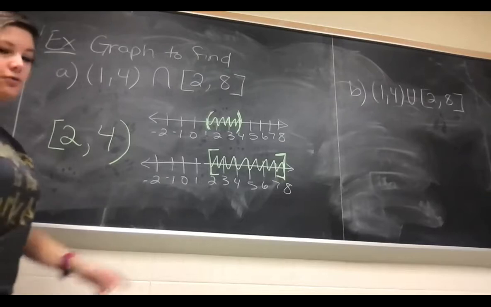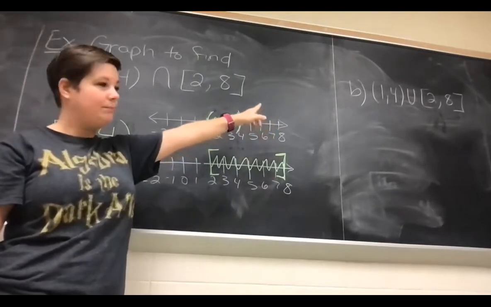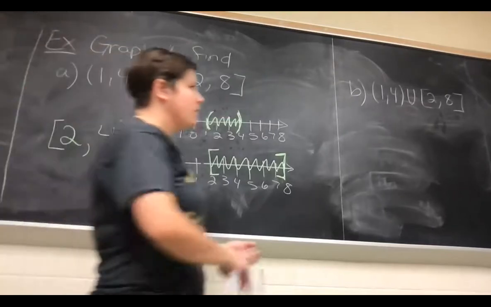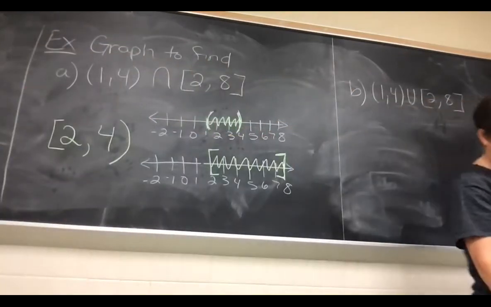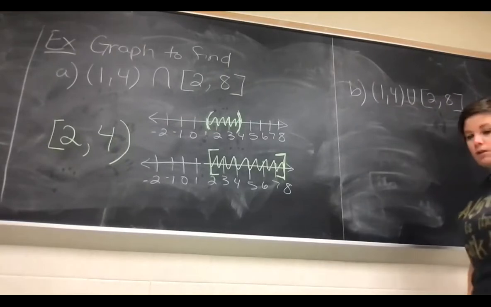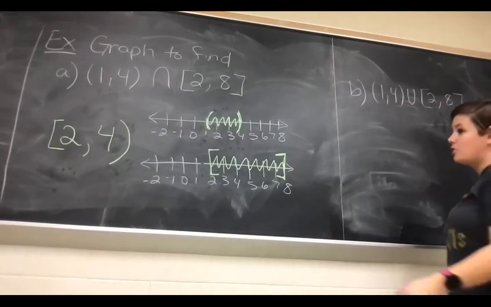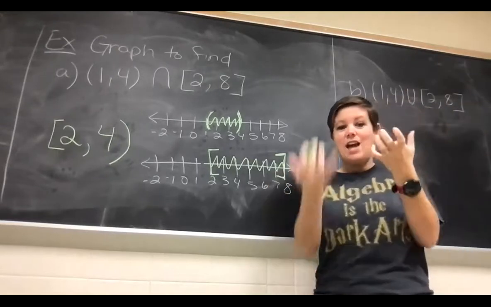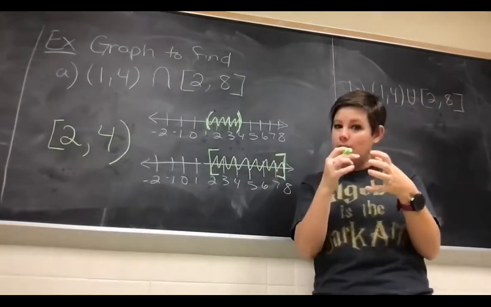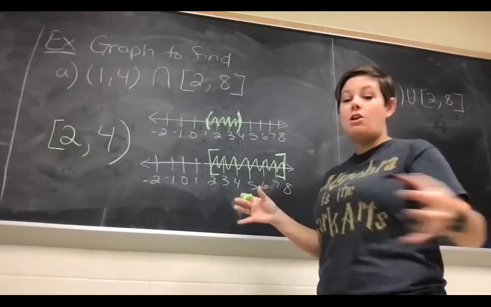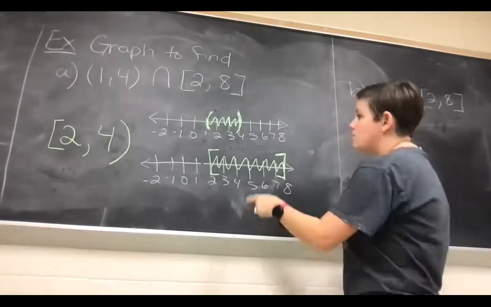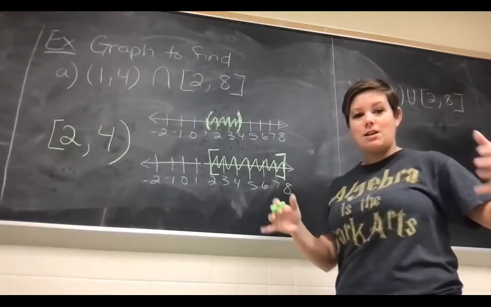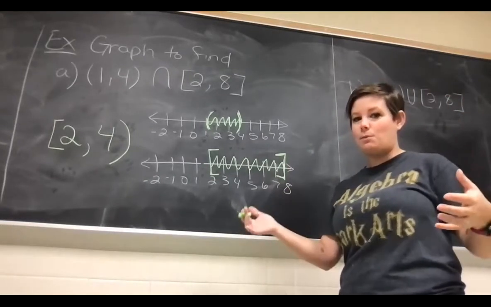Now, what if I'm unioning, that's a weird word, what if I'm combining these two sets using a union? Well, that's even easier than trying to find the intersection, because remember, union means you're taking all of set A and all of set B and smushing them together, listing all of the elements. So all you have to do is look at the smallest element out of both sets and the largest element.